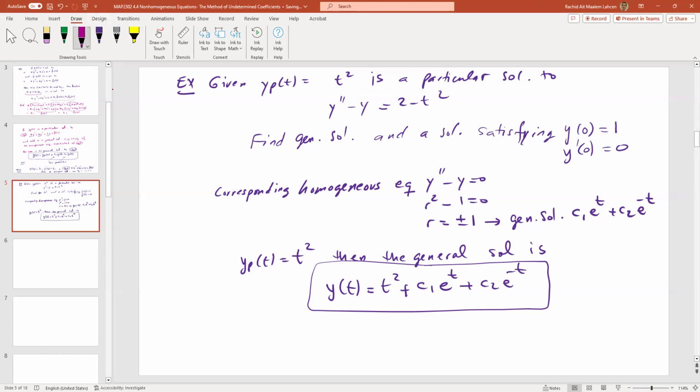We can write it this way, and even remove this t. We know it's all a function of t here. So we can just say it this way. So this is what we're looking for when the question is find a general solution. And now that you know the drill, you know what we need to do. We're going to go into initial conditions, and you're going to use the first one.